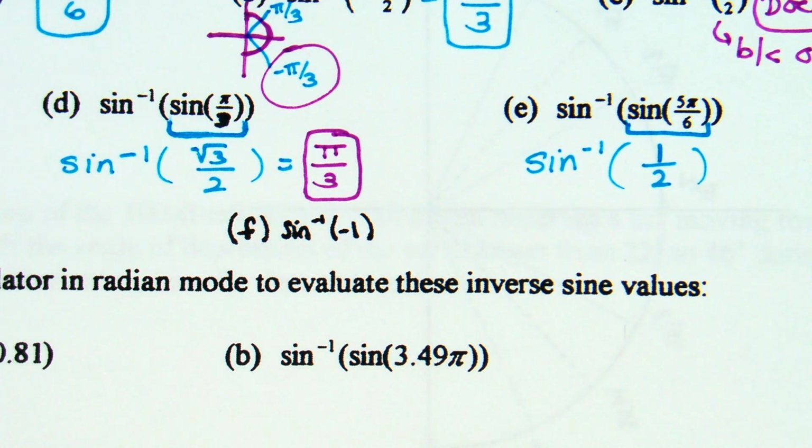Where do all my sine inverse answers have to be? Quadrant 1 and 4. I can't give an answer over here. So, that's why you have to think about where does sine equal 1/2. And sine equals 1/2 still at pi over 6.